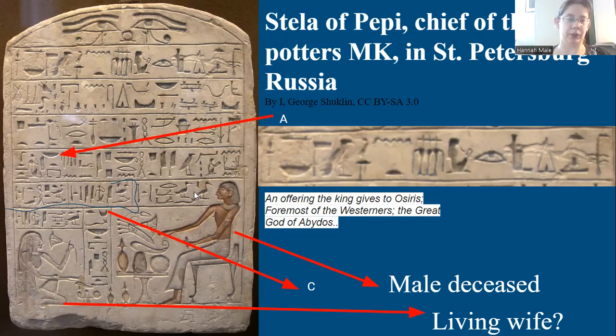And so when you get down here, and definitely when you're starting to get down here, this is the part where they actually personalize the stele and put in the name of the person or persons that commissioned this and actually paid for it.